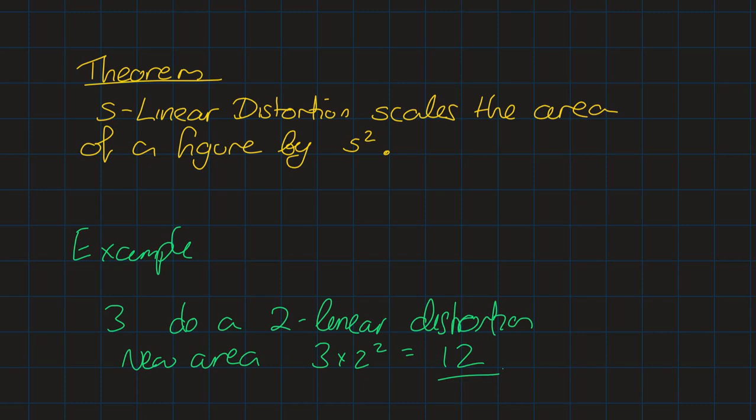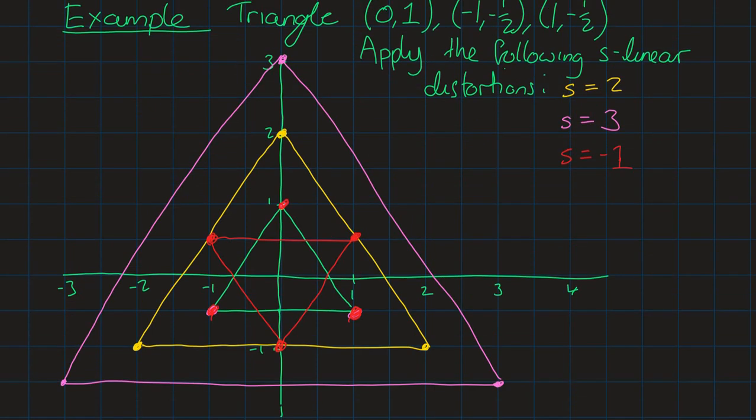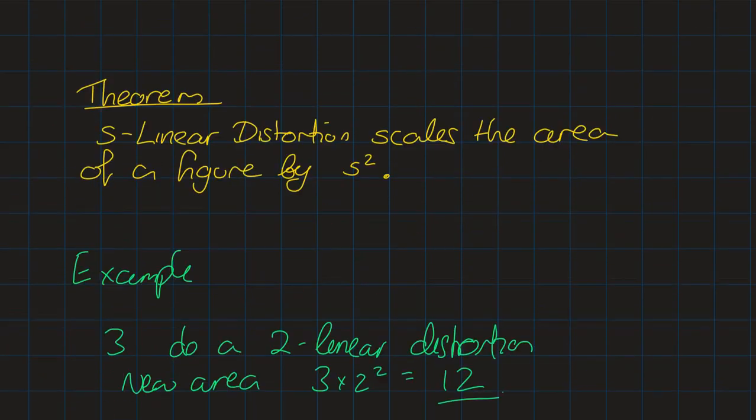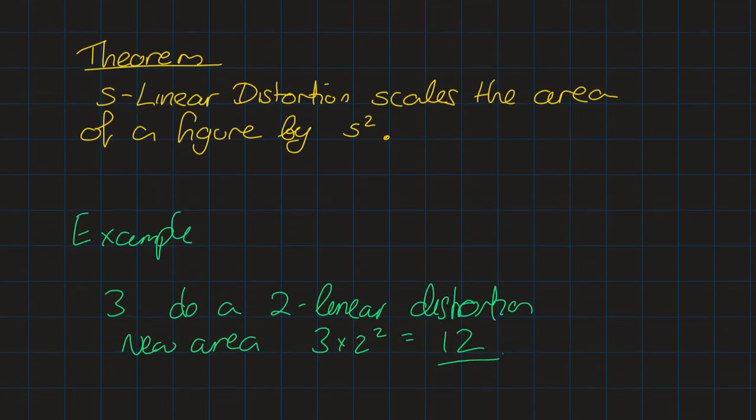And if you were to work this out for this triangle, you'd see that it satisfies this theorem. So the S-linear distortion scales the area by a factor of s squared. That's the end of this video.